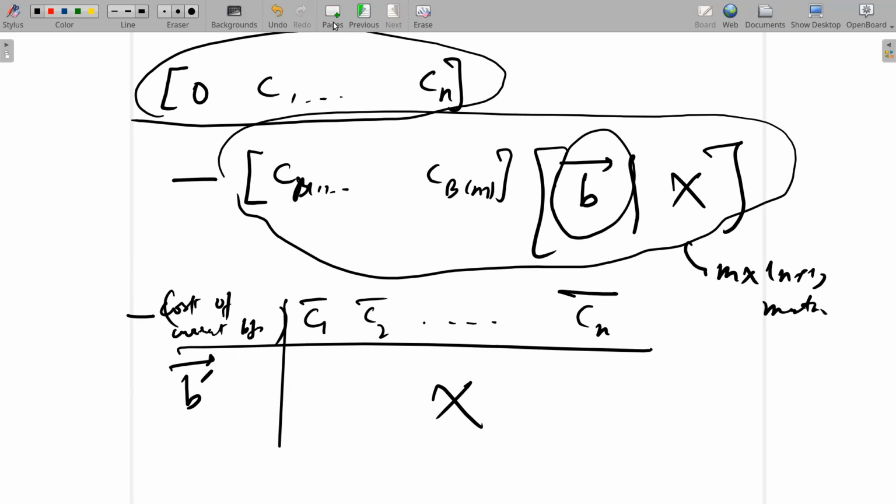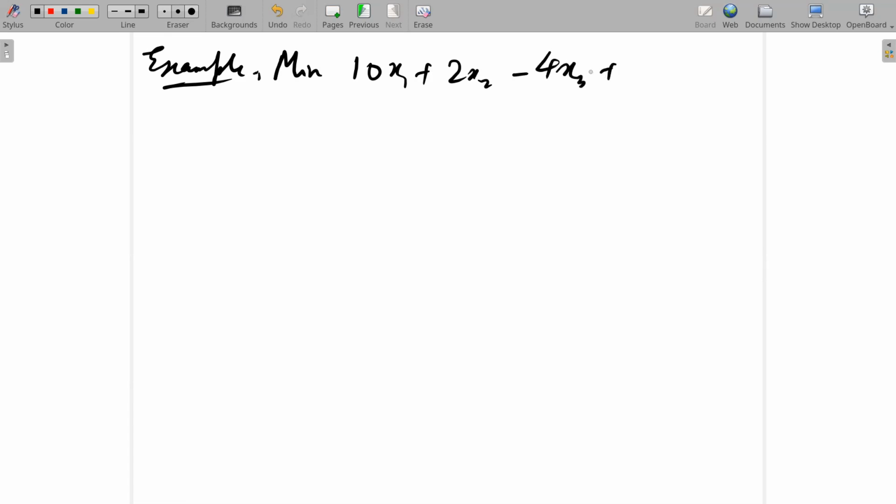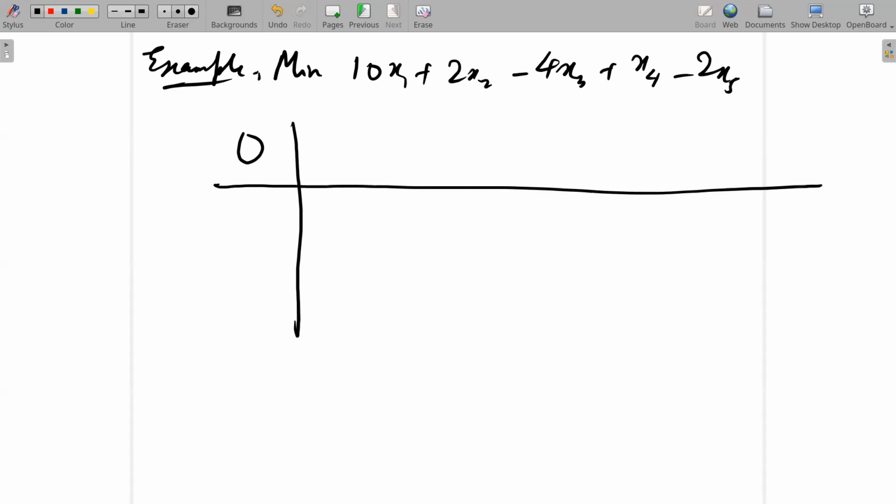Okay, so let's see an example with some concrete numbers. We are trying to minimize this objective function 10x1 plus 2x2 minus 4x3 plus x4 minus 2x5. And instead of telling you what the constants are, I'll just write it out. Write the matrix A out, so it will be clear.